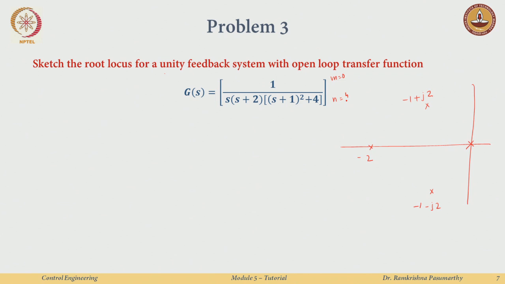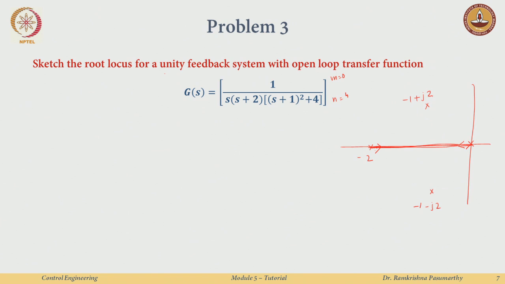Okay, so which part of the root locus lies on the real axis? There is one pole at the origin, so I look here from the right. So, then this entire line lies on the root locus. Okay, this entire thing. So, I will just mark that these branches will travel in this direction. Okay, so what is the next thing over here?